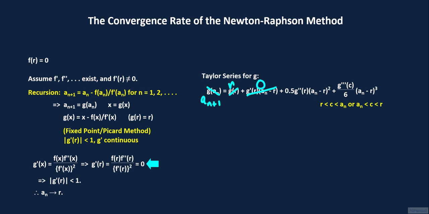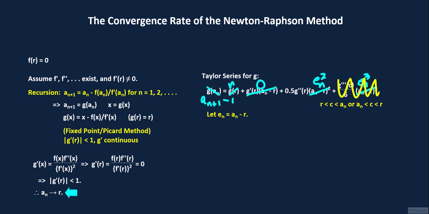Now we define the error value e sub n to be equal to a sub n minus r. Since a sub n converges to r, we assume that e sub n is already quite small and that e sub n cubed is even smaller, so we can disregard the third-order error term provided g triple prime is bounded.